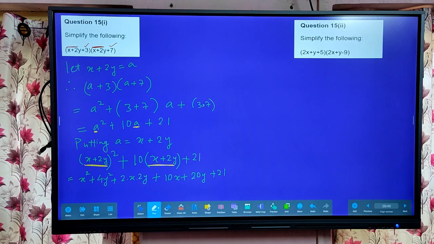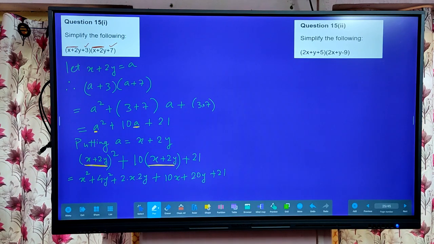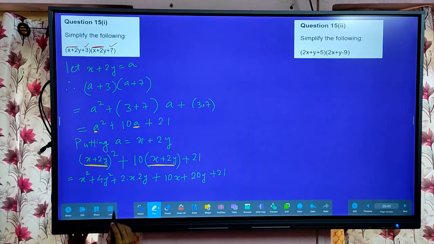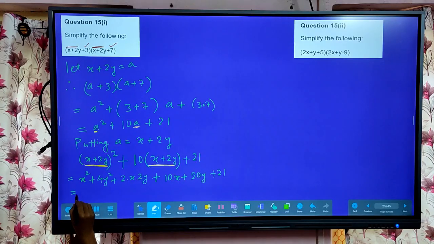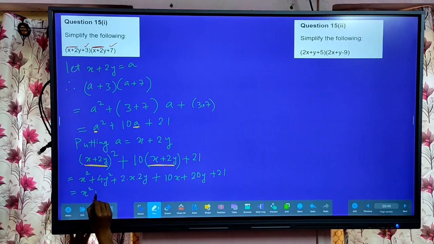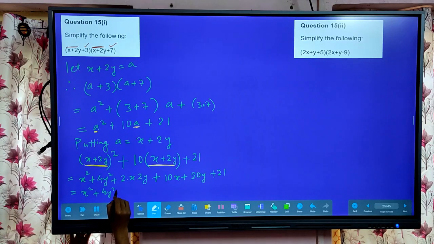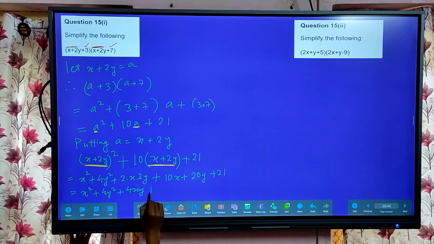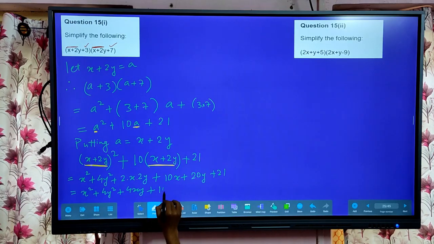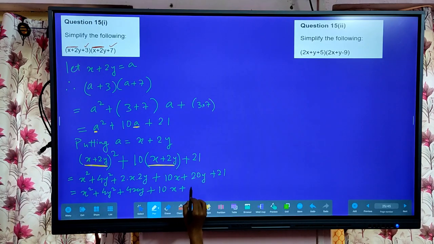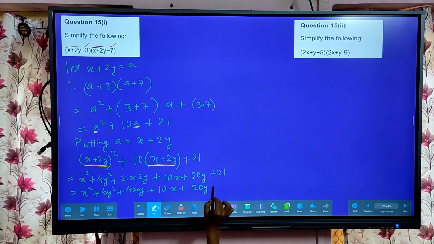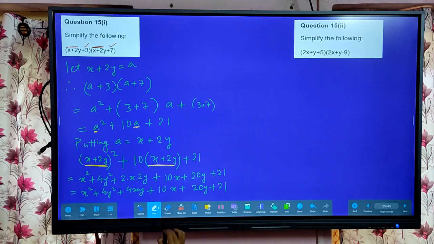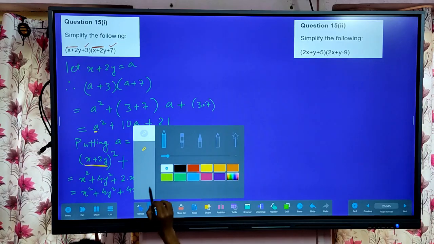So if you simplify, is there any scope? Yes, only this portion. So this will be x square plus 4y square plus 4xy plus 10x plus 20y plus 21. So this will be your answer.